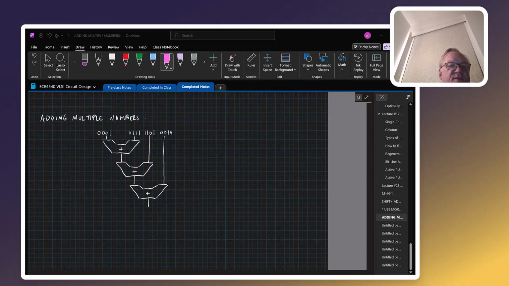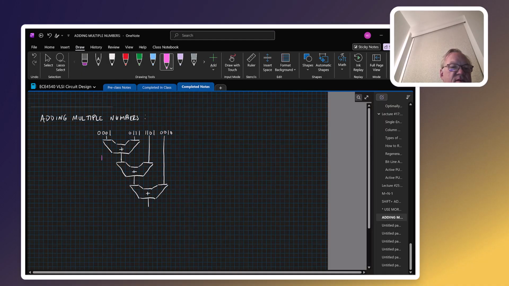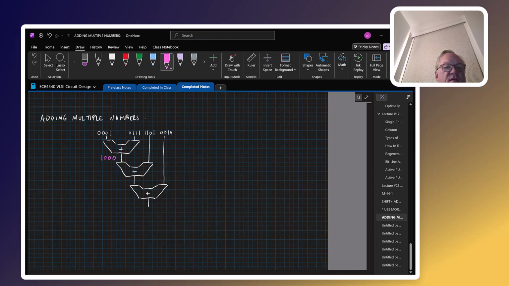Now the first operation is to add 1 to 7. So we know that we should get 8, or 1000. And indeed, if we add those two numbers together, we would get that. Now we need to add 8 to 13. And here we should get 10101 to equal 21.